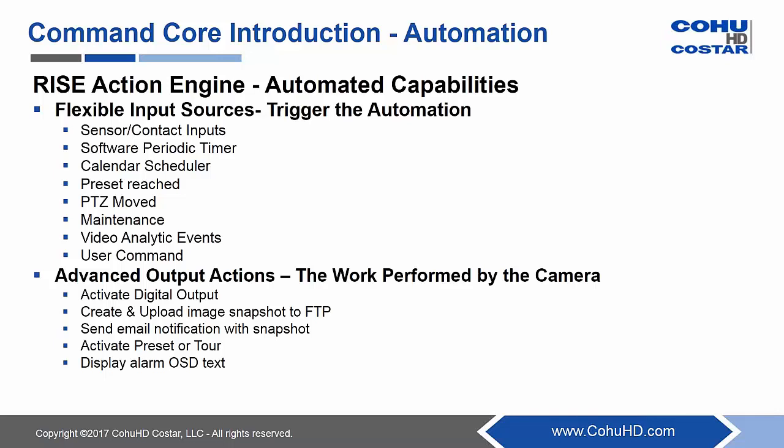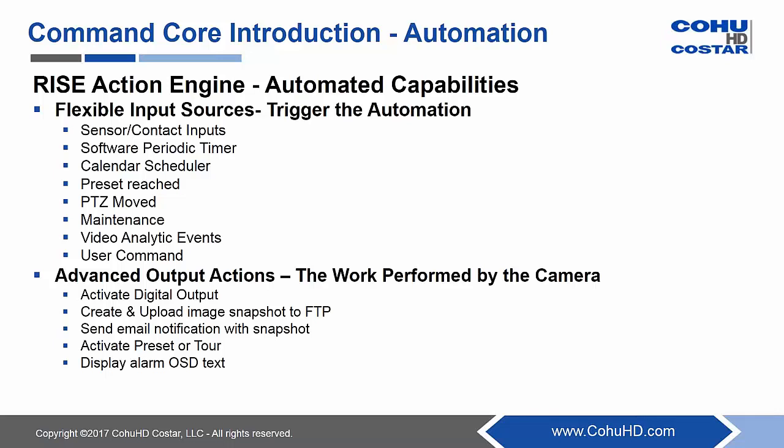And all of this is done through a configuration wizard that will simplify the complicated task of doing some of these advanced functions of the action engine. As well, there are queuing modes in the event that you have multiple inputs that are simultaneously received. You can prioritize in one of three fashions how you want the camera system to handle those input signals.